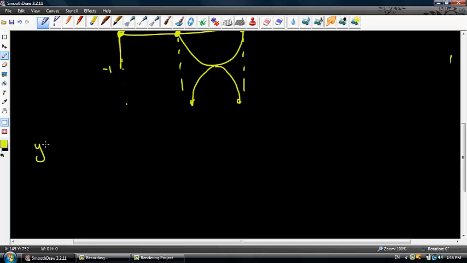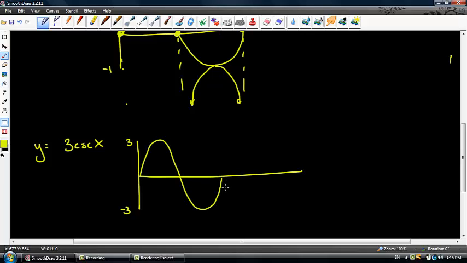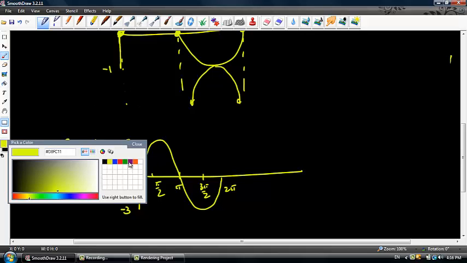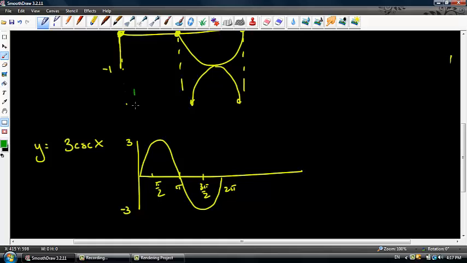So if I do something like y equals 3 cosecant of x, well, that just means that the original sine graph goes up to 3 and -3, and it's going to be a little bit skinnier, right? 2 pi, and then pi over 2, 3 pi over 2. So if I'm looking at cosecant, I'm going to change colors because I don't think the other one turned out okay.